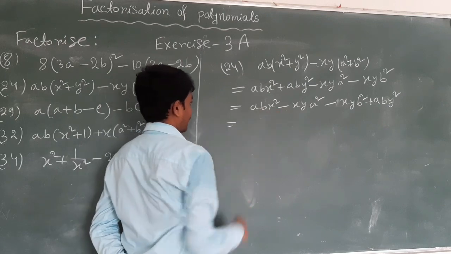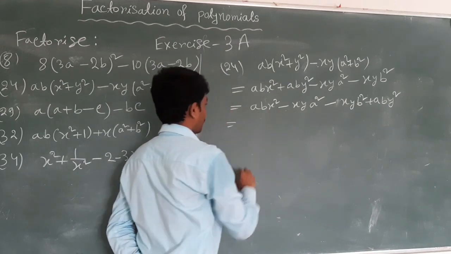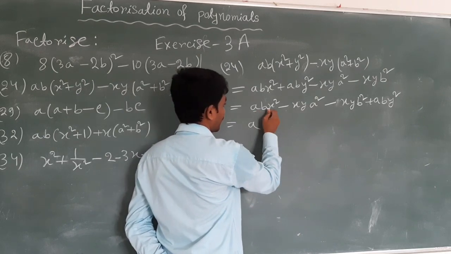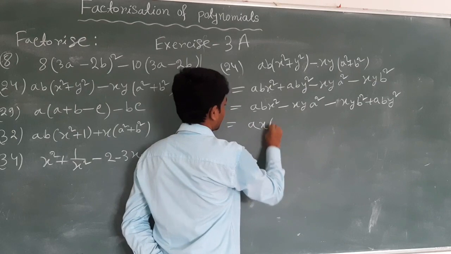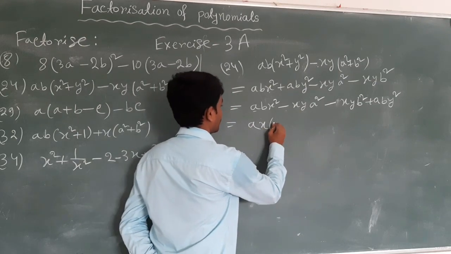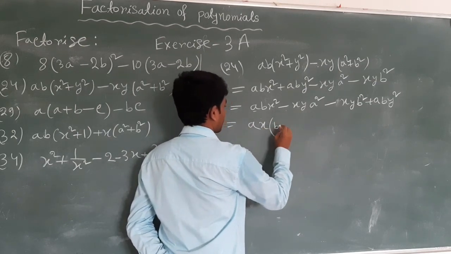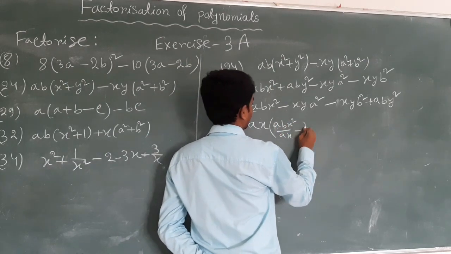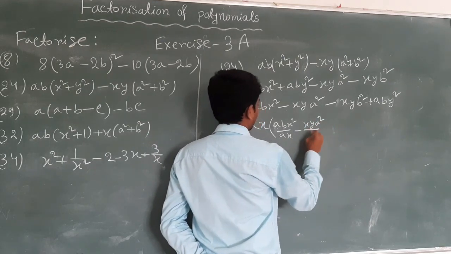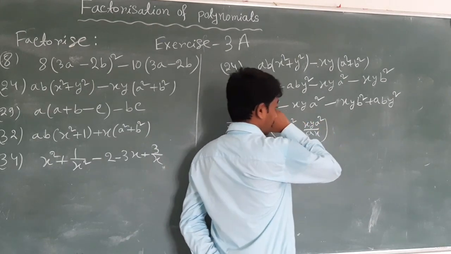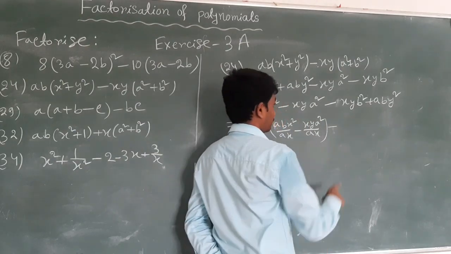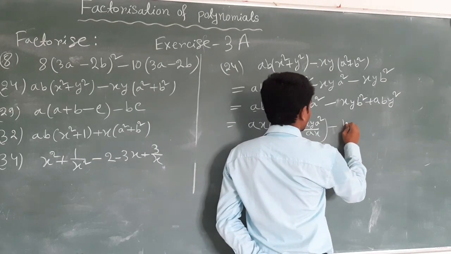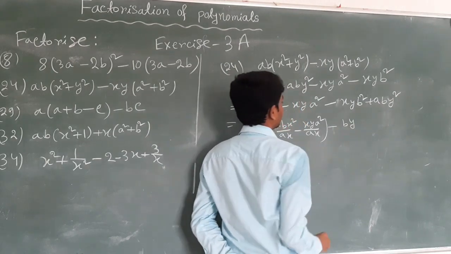From the first and second term, the common factor will be a and x. So abx square by ax, minus xy square by ax, and the common factor of the third and fourth term will be b and y.